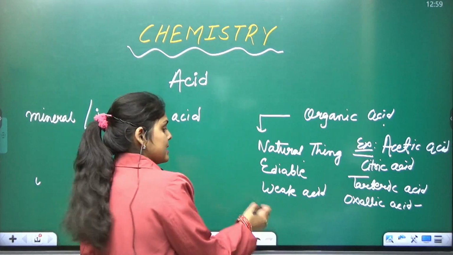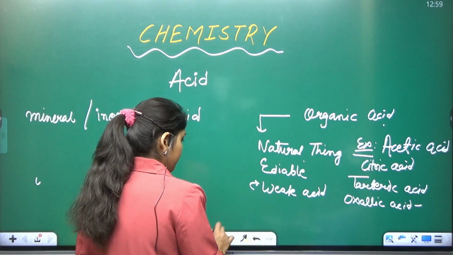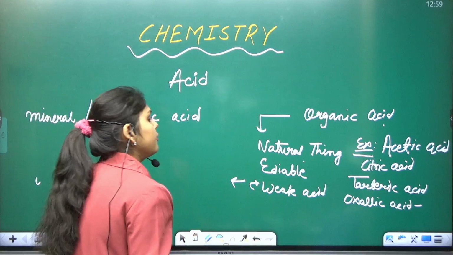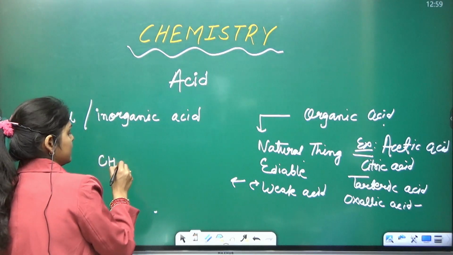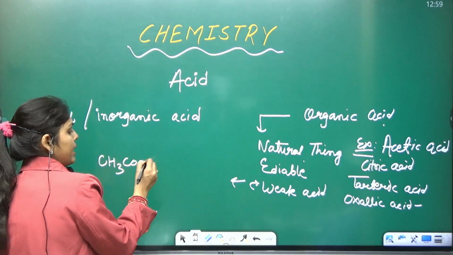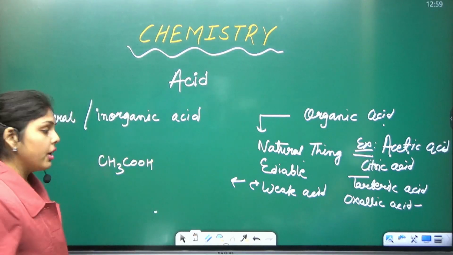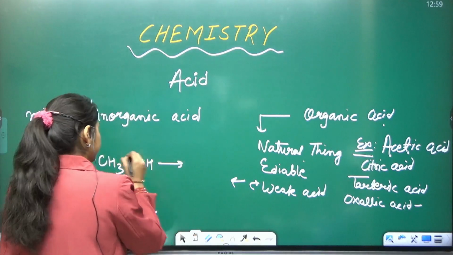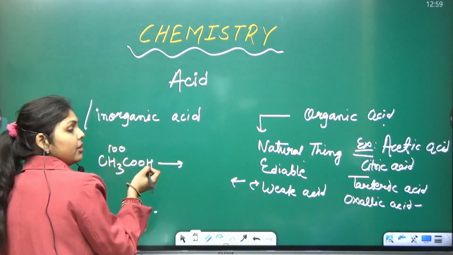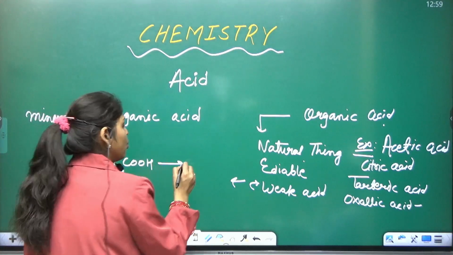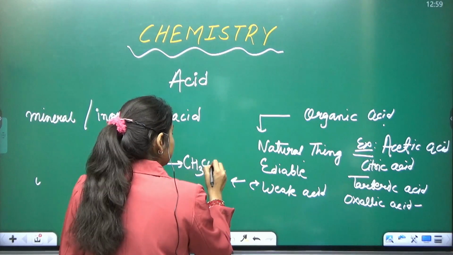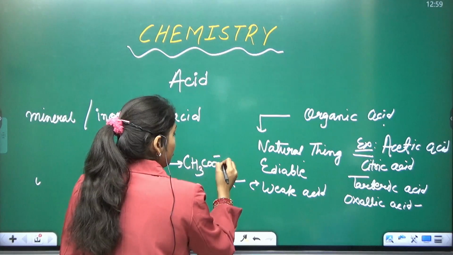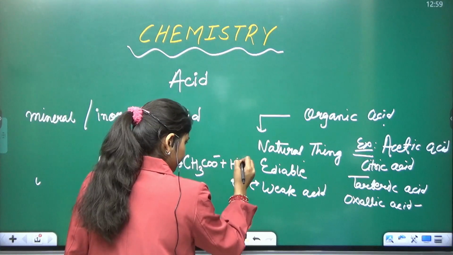So why are these acids weak acids? Because if we take 100 molecules of acetic acid, the formula of acetic acid is CH3COOH. Now if we take 100 molecules of it and we want to ionize it, then only 5 of them will be ionized into CH3COO minus and H plus.